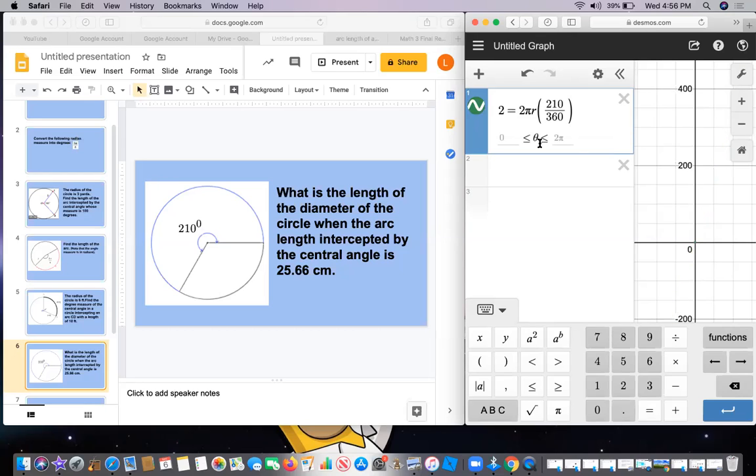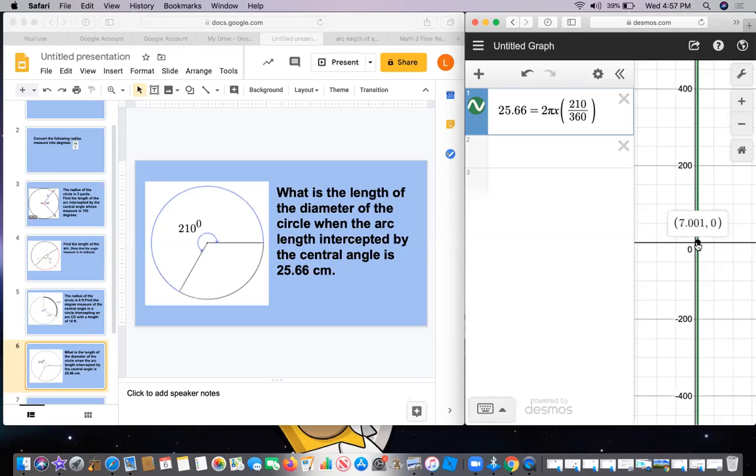25.66. And then we will change this r to x. So we have this answer, 7. But notice that this 7 is actually your r, the radius.